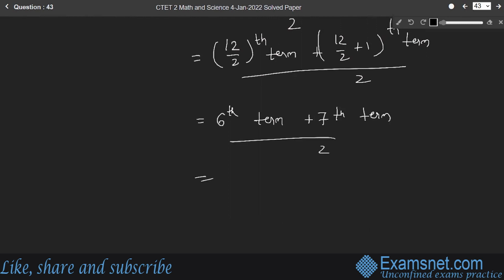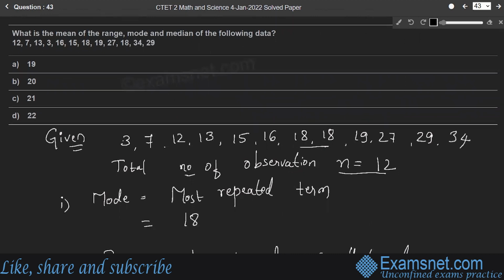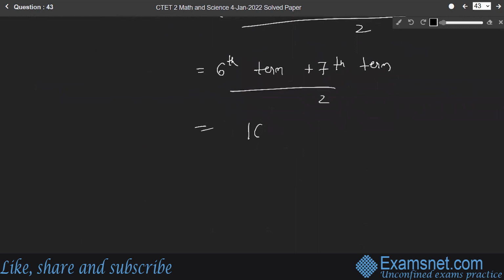What is the sixth term? 1, 2, 3, 4, 5, 6. 16 and 18. 16 plus 18 by 2, which is 34 by 2. Therefore, the median of the given data is 17.